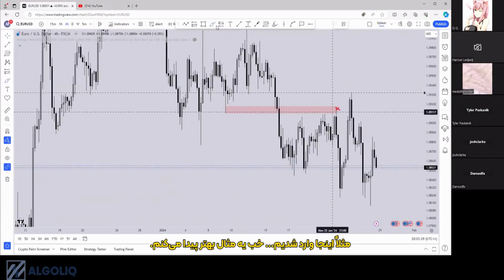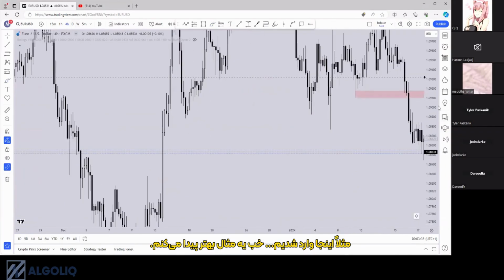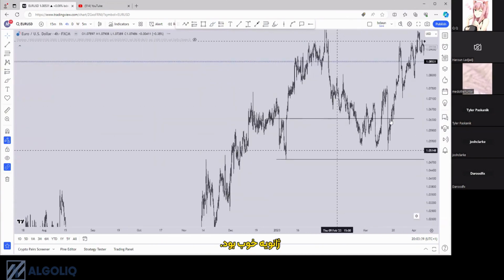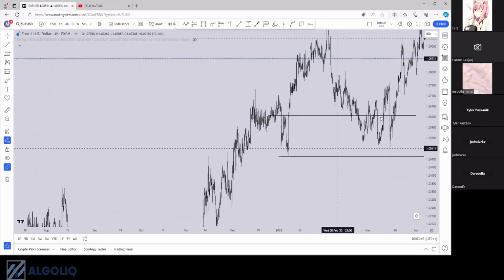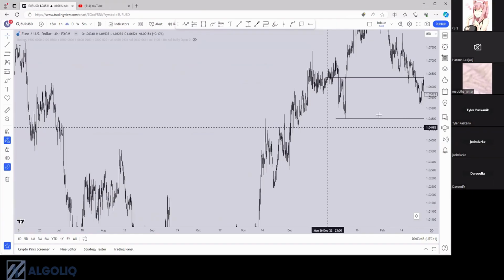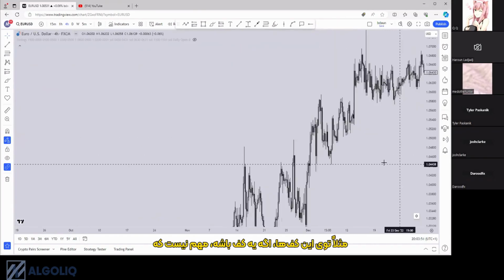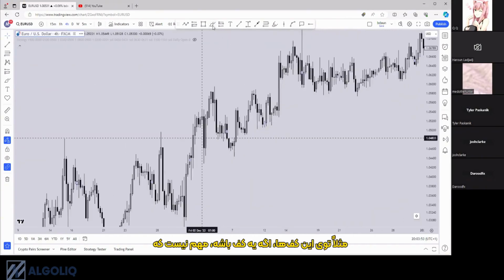So for example, here we tap into... okay, wait, fine, I'll find a better example. January was good. So for example, in these lows, you have one low.